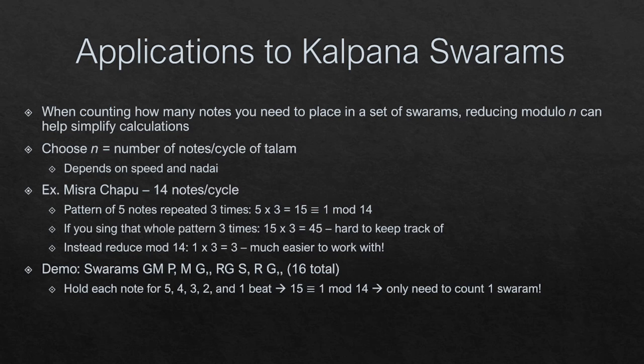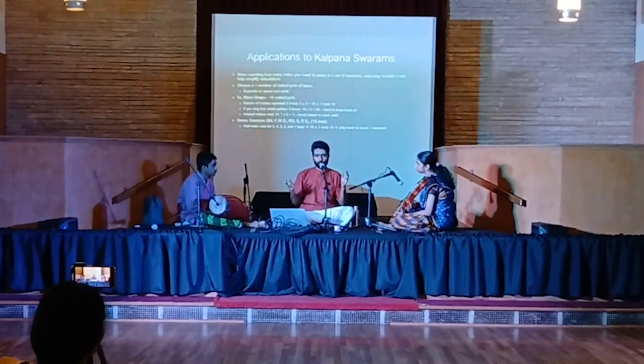What I'm going to do is hold each note for 5 beats, then 4 beats, then 3 beats, then 2 beats, then 1 beat. So that's 5, 4, 3, 2, 1. That's 15 total notes coming, so that's 15 times 15 equals 225.